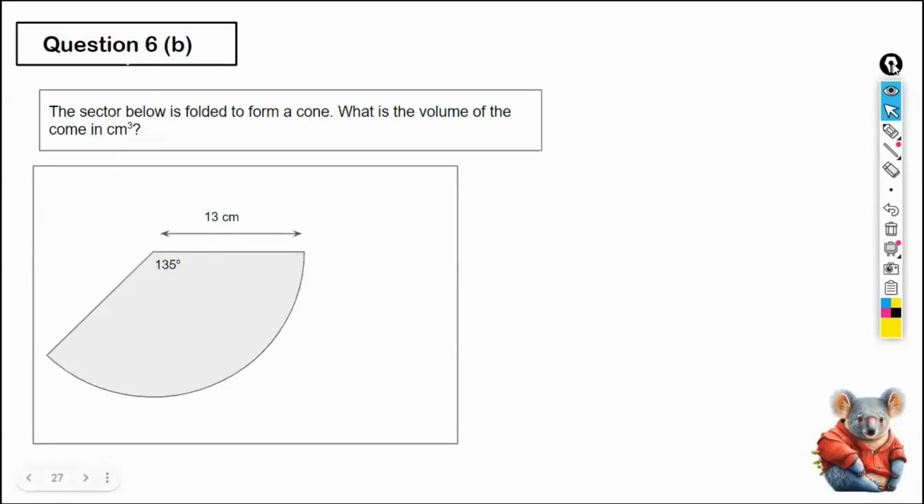If you were to fold this, you will get a cone, and they want the volume in centimeters cubed. So no tricks there. I don't know if you all know this, but you could try this experiment. If you take a sector and you fold it, you will get a cone looking like this, you know. Believe it or not, you will get a cone.